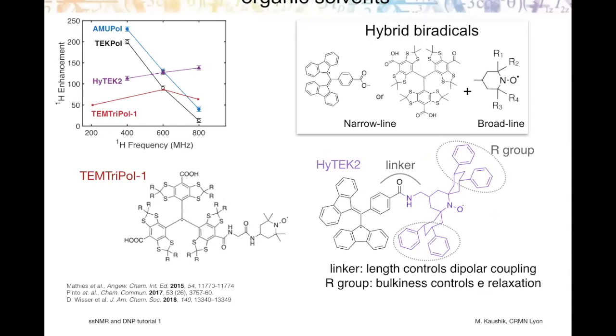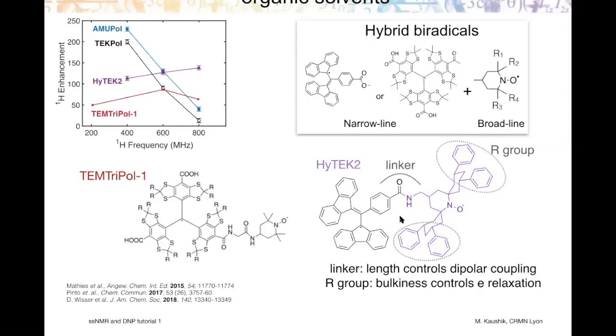And the reason for going to hybrid biradicals is that our best performing AMUPol and TEKPol perform worse at higher magnetic fields. So at 9.4 Tesla, they perform well, but at higher magnetic fields, they tend to not be as good. So the idea was to combine a narrow line EPR radical and a broad line EPR radical.